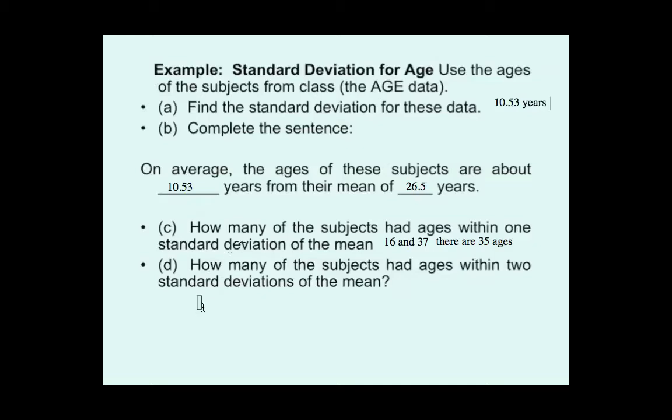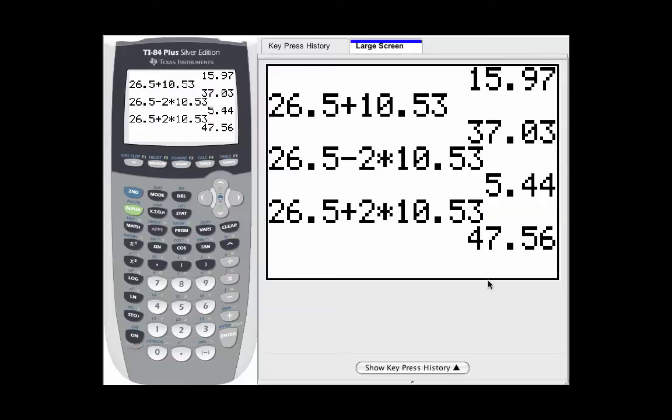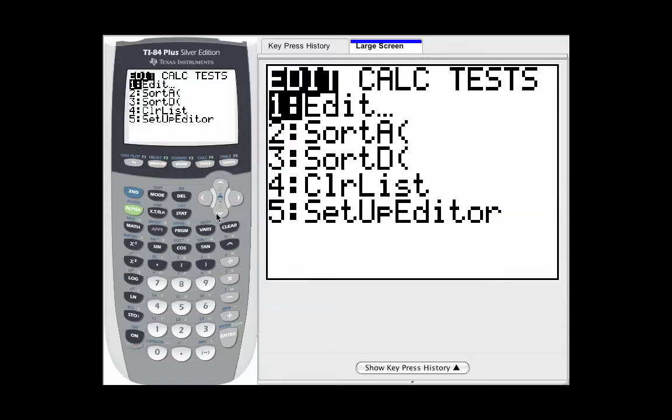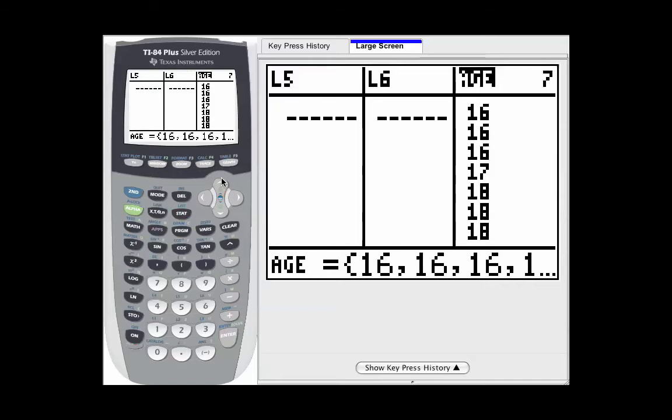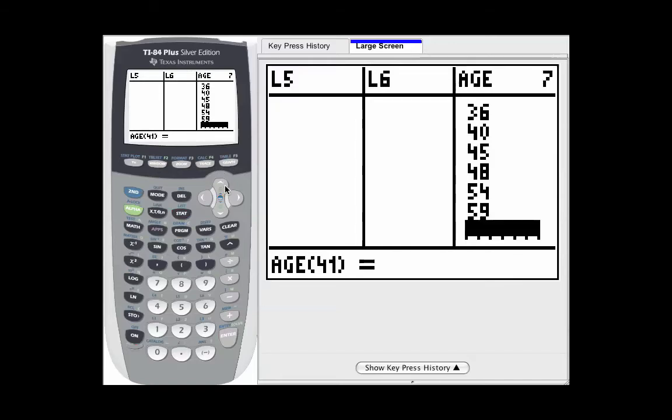Okay, all right, so go back to our data set, go to Stat, go to Edit, go to Age, and I'm going to go up this time because where was our number again?